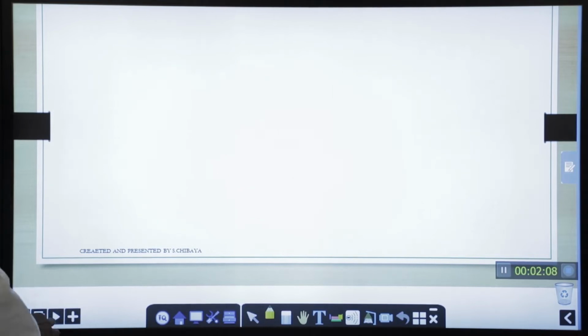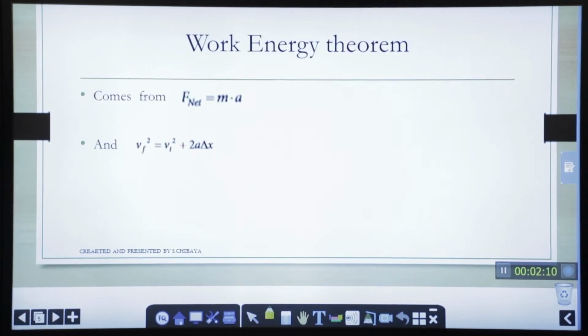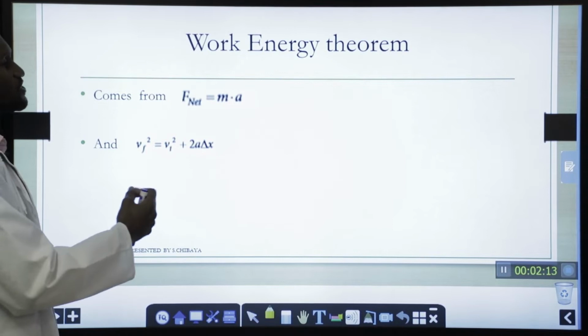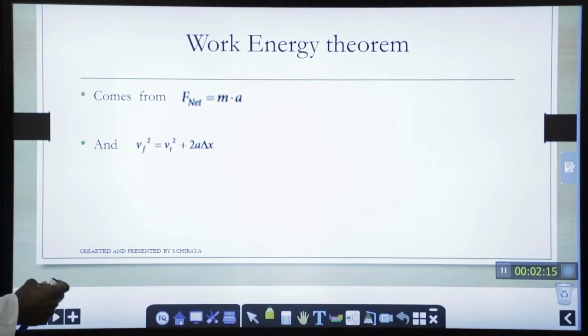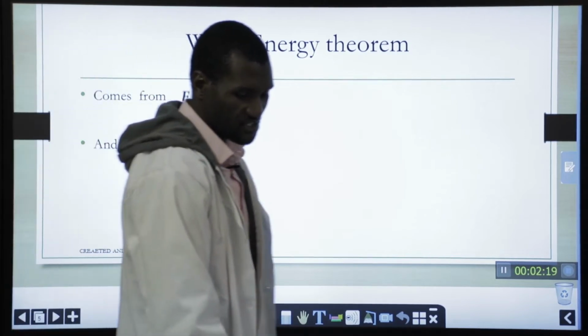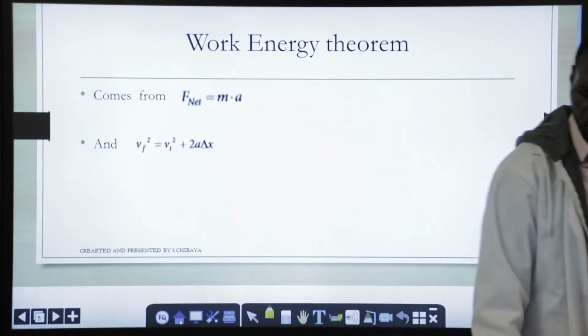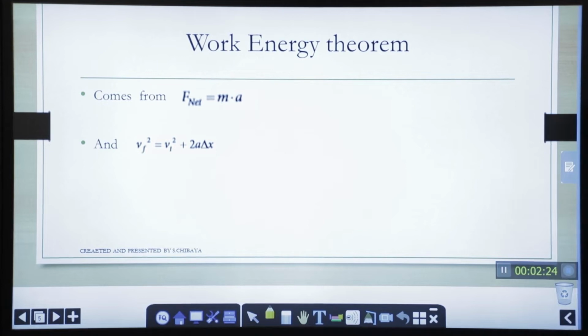That brings us safely to the work energy theorem. The work energy theorem comes from F net is equal to mass times acceleration. How does that come into play? Let's think about it quickly.